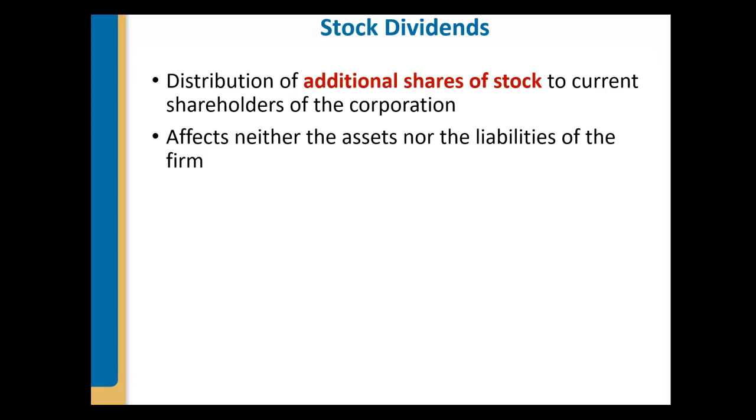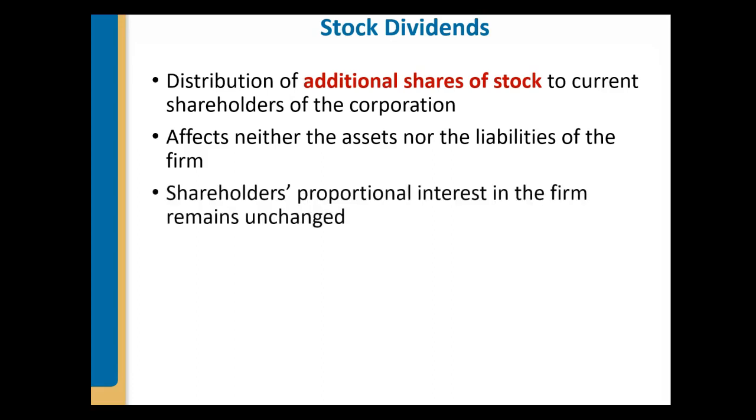Shareholders' proportional interest in the percentage ownership of the firm remains unchanged. So an example is, if a 5% stock dividend is declared, each shareholder will receive additional shares of stock equal to 5% of the shares they currently own.